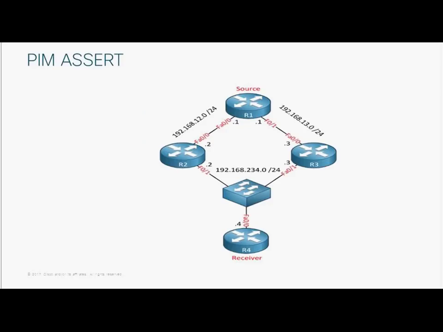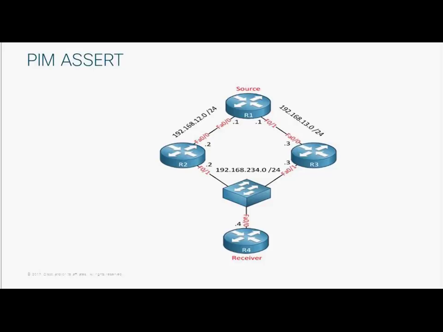Now, we will discuss PIM assert. As I mentioned before, when we have several paths that are layer 3 paths, not layer 2, okay, we need to decide which one will be forwarding the traffic. Let's assume that we have only one routing protocol running here, and both paths from the source to the receiver, I mean the path on the left or the path on the right, have the same metric.